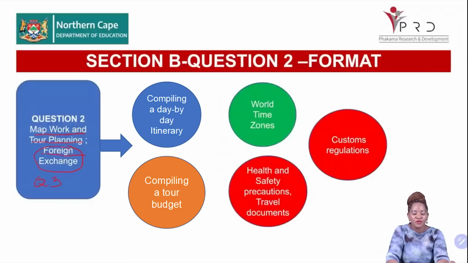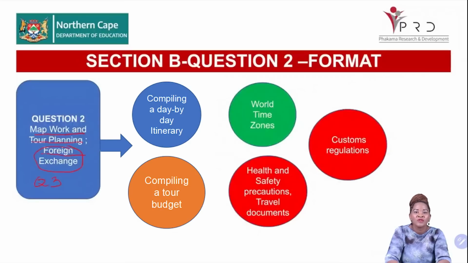What is it that you need to know for this question? You must know how to compile a day-to-day itinerary. You must know the world time zones and the calculations of these world time zones. You must study the topic of the customs regulations. I'm not sure if you still remember that topic, grade 12 learners.